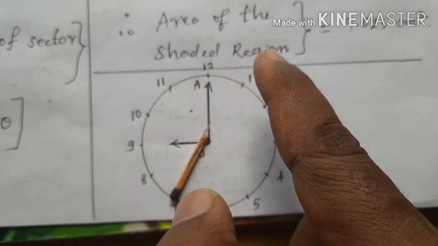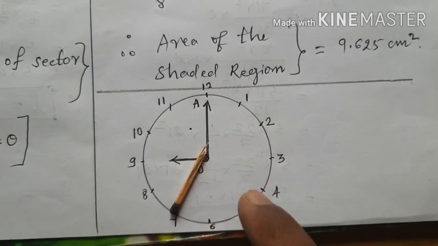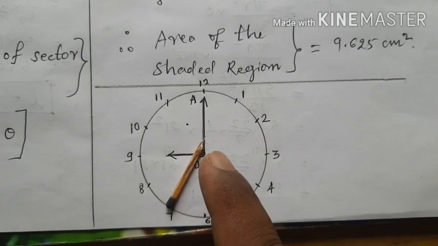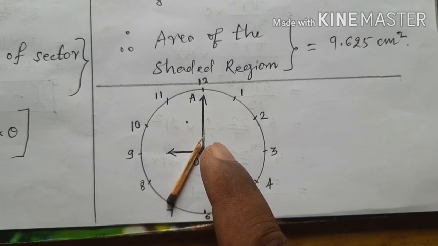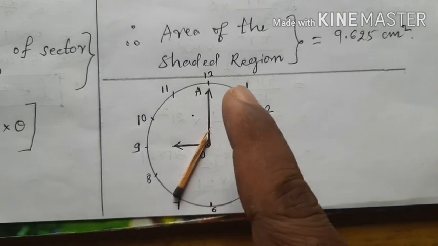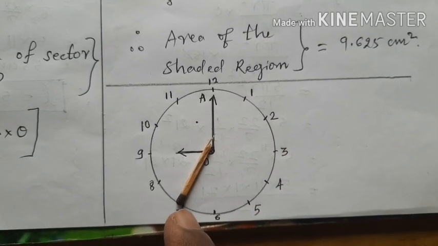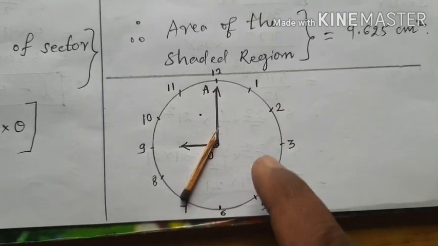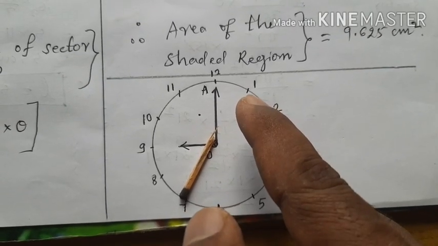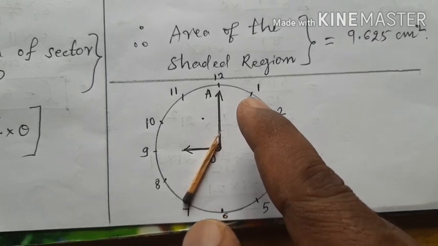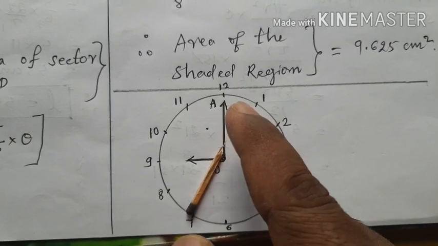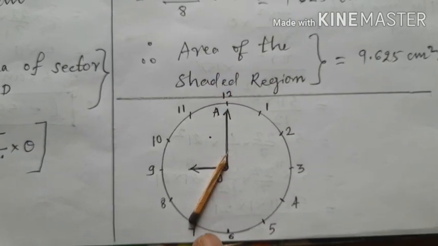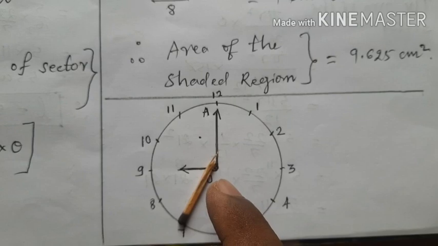Children, see here, this is the sector formed by the sweeping of the minute hand from 9 a.m. to 9:35 a.m., and this area we have to find out. This is the area swept by the minute hand from 9 a.m. to 9:35 a.m. This is the length of the arc and this is the sector angle.